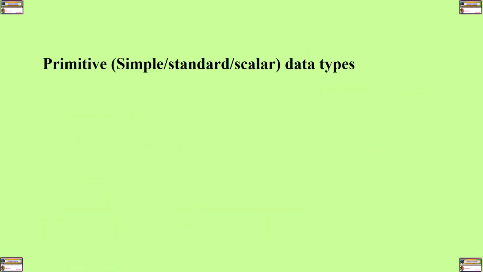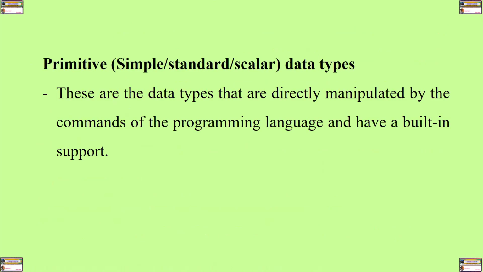So what are primitive data types? What are those data types that we call the simple, the standard, the scalar, or the primitive data types? These are the data types that are directly manipulated by the commands of the programming language and have built-in support. In other words, these are data types that are predefined.